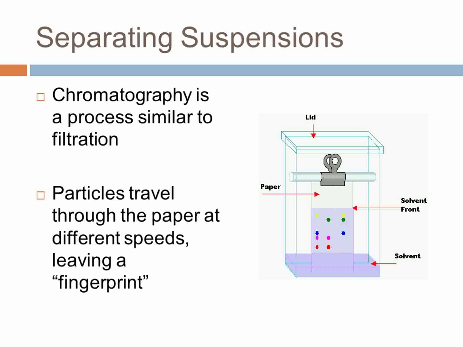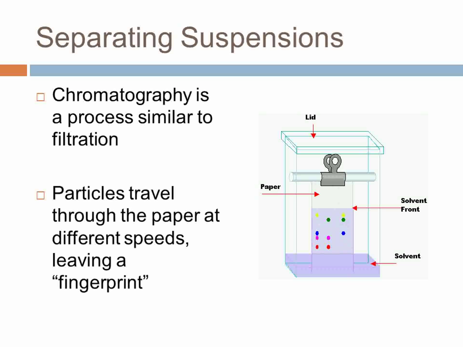You might be creating a fingerprint of DNA. You might be trying to figure out what proteins are in something. And we can use this to find it out. Now, is it great for actually getting quantities? Like if you wanted, say, only the red dye from a pen, would you use chromatography to get it? Probably not. It's not going to be able to separate things in bulk. It really just tells us what's in something.